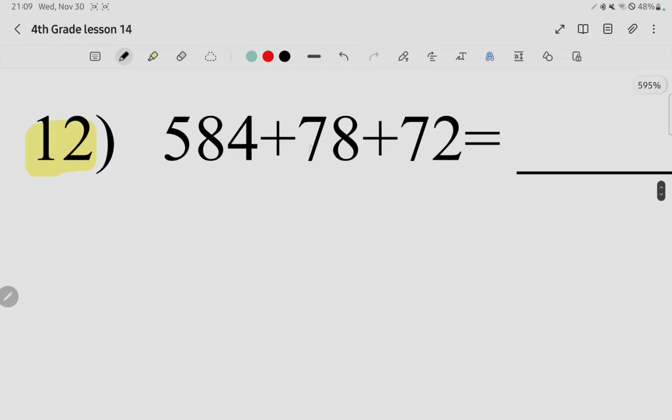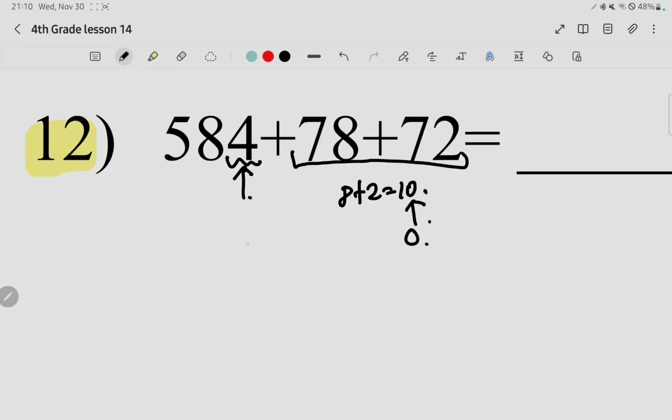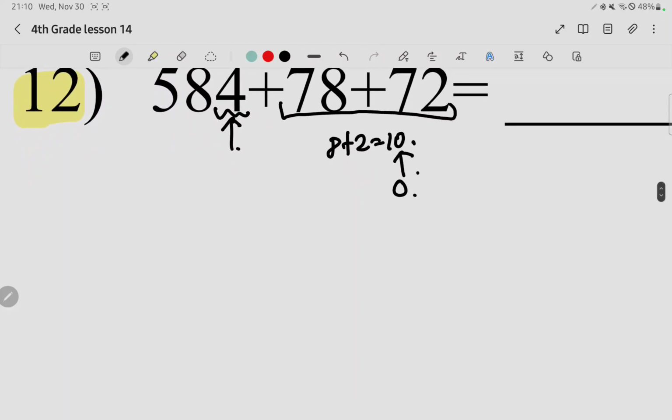Okay, number 12. As you can see in the earlier problem, 8 plus 2 is 10, which means that this ends in 0. And although this is not 0, it is much easier to add some number that ends with 0 to any number, because in that case you can ignore the 0. And then here's what I meant.